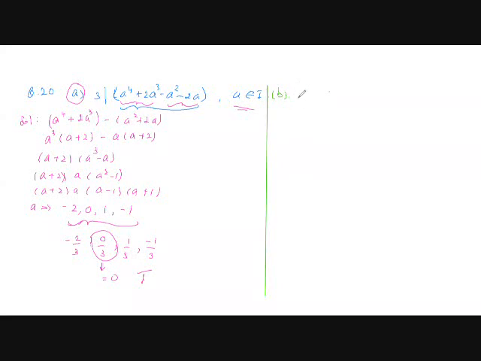B gives us x belongs to the negative integers. And they give us 6x cubed plus 7x squared plus 14x plus 3 greater than or equal to 0 has only one element.